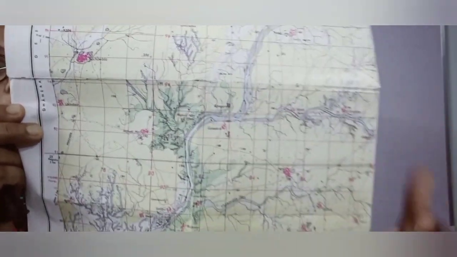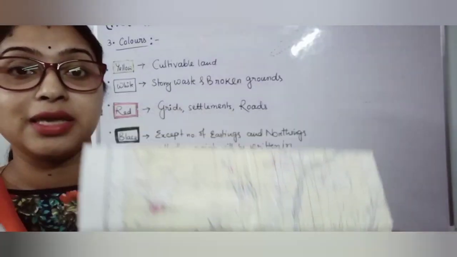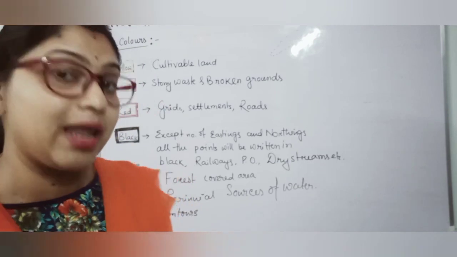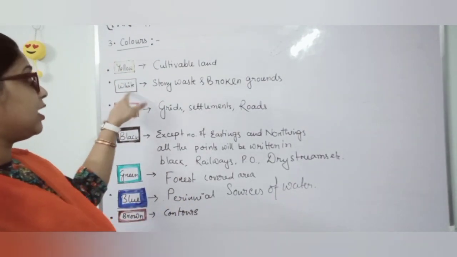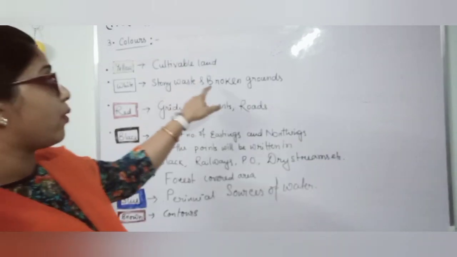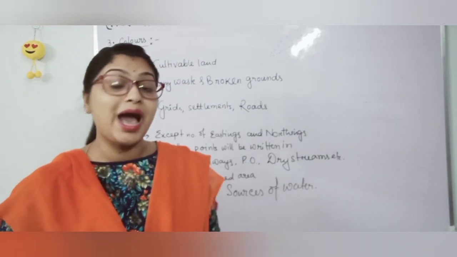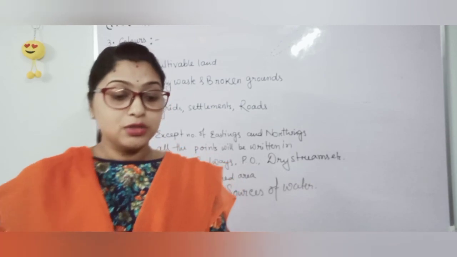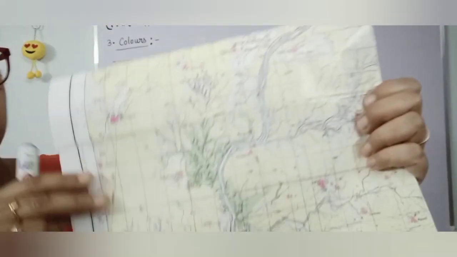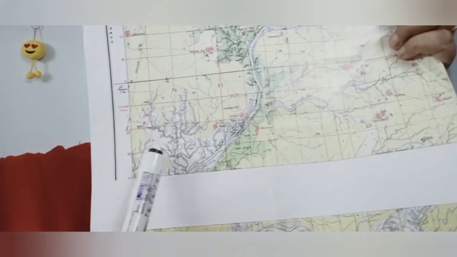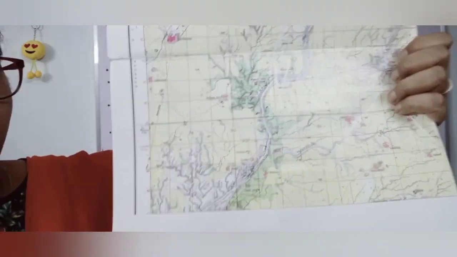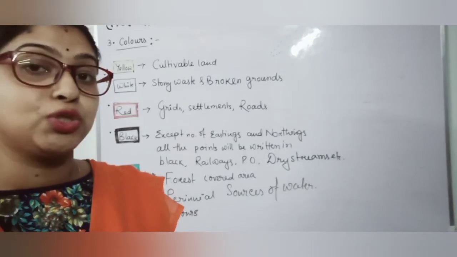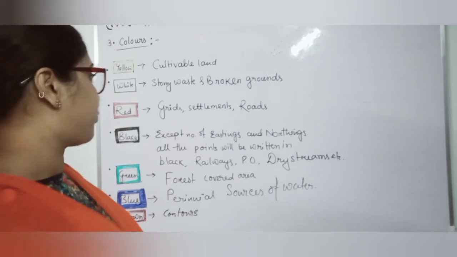Wherever yellow is showing, this is cultivable land. Next is white, meaning stony waste, broken grounds, or uncultivable lands where we can't grow any crops. In this map, you can see some white areas. These are the broken grounds where it is not possible to grow any crops.